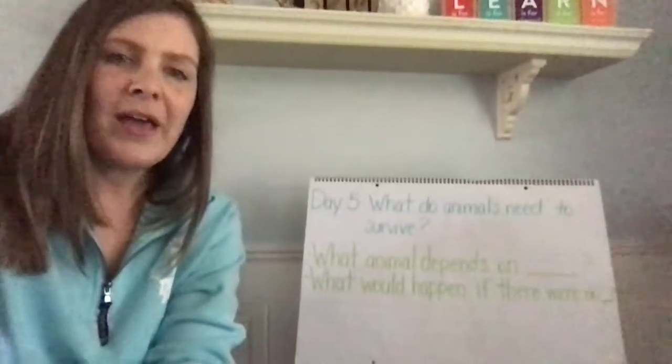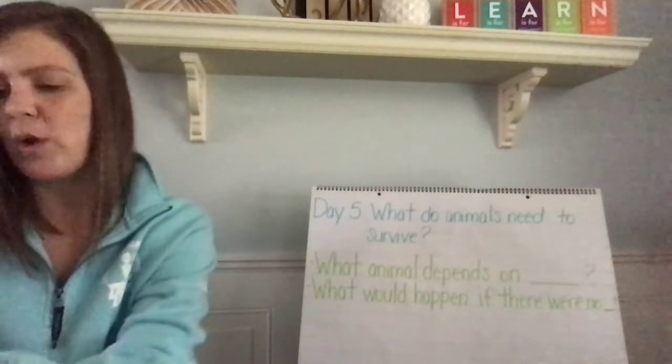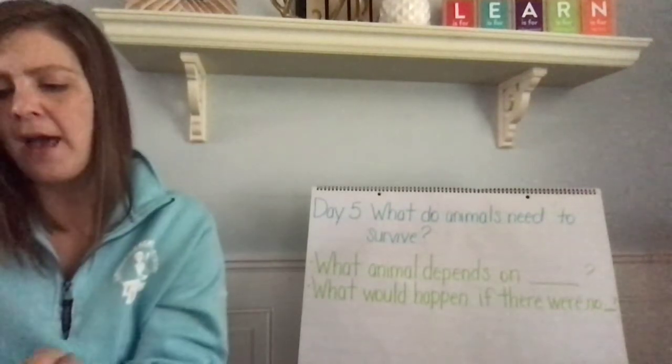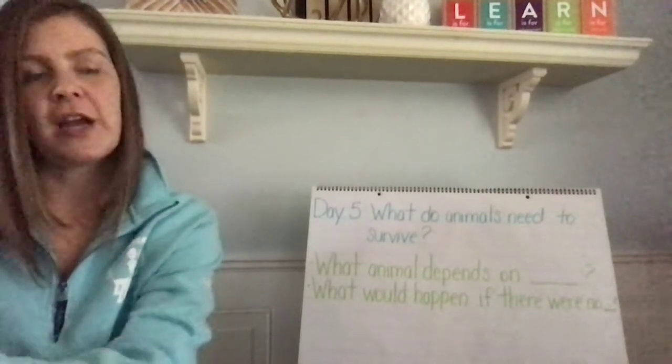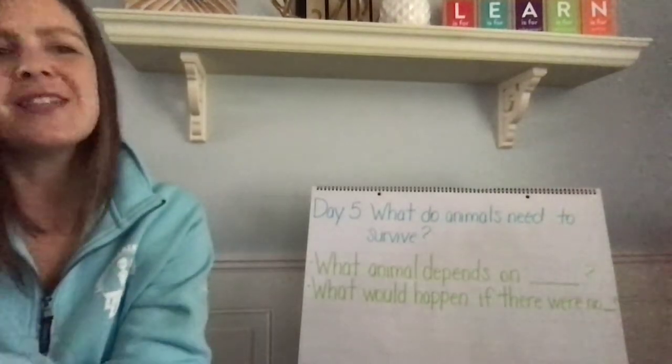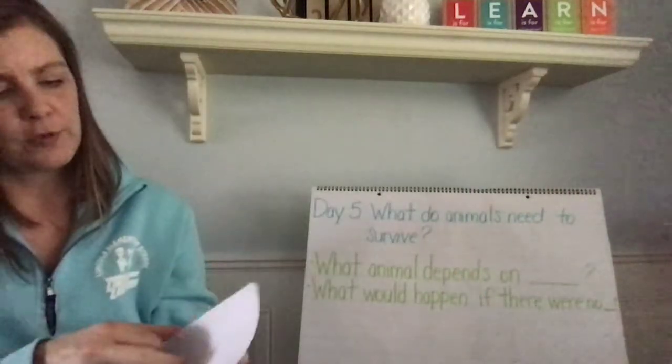So I hope that you enjoyed the book, and I hope you were able to think about some of the questions I was asking. Before we go any further, I do want to share those last few science notebook questions with you. Oops, wrong page.